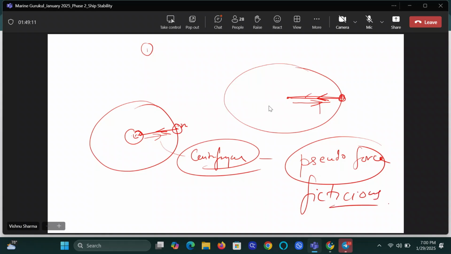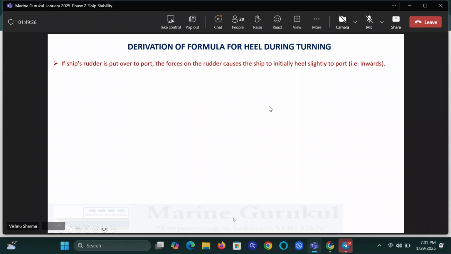Why are they saying there is a pseudo force? Because they don't know from where it comes, but since the stone has not come to the center, something must have balanced it, and there is a centrifugal force. So today when they talk of centrifugal force, they talk of it as a pseudo force, which is equal and opposite to the centripetal force. With this, let's go to the derivation.